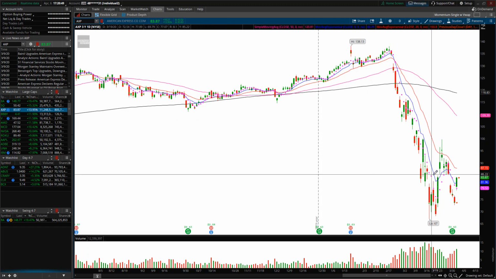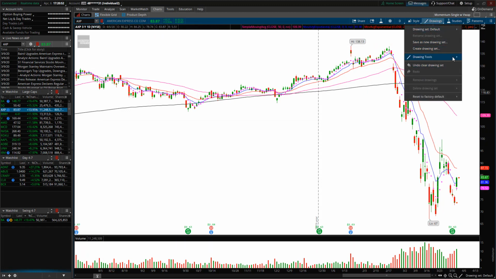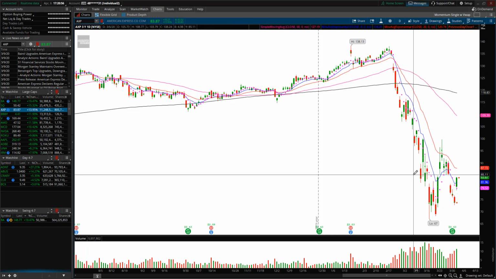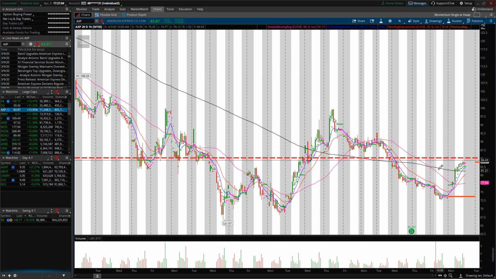American Express might be interesting. Want to see if it can fill this gap around 85.11. You guys see that gap right there? Maybe doing kind of an inverse head and shoulders, or a sideways inverse head and shoulders-ish.